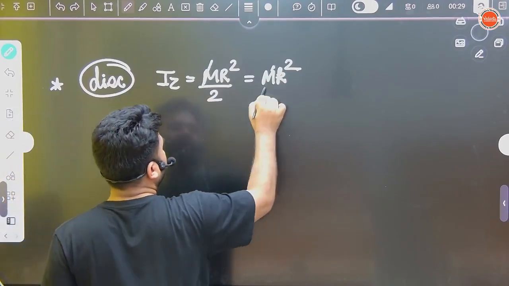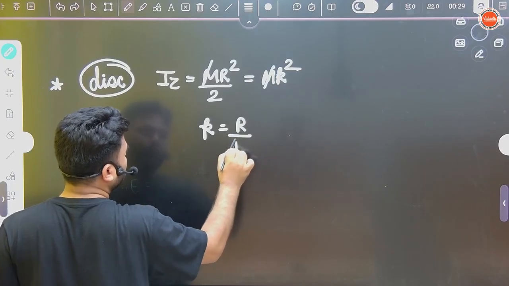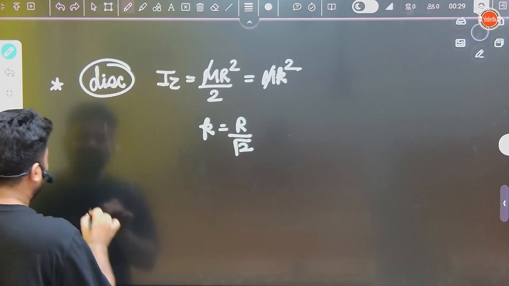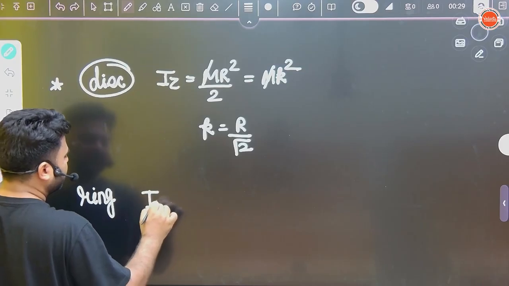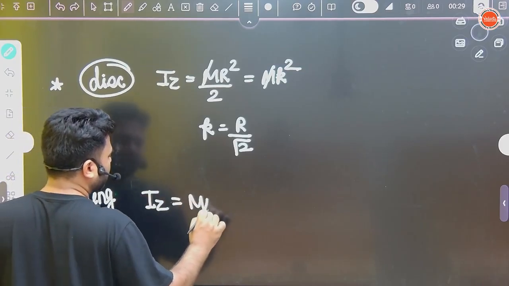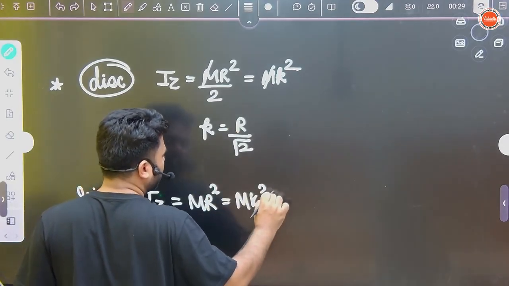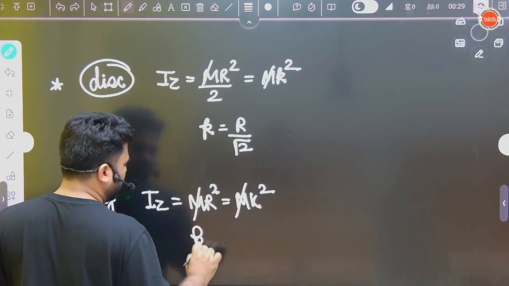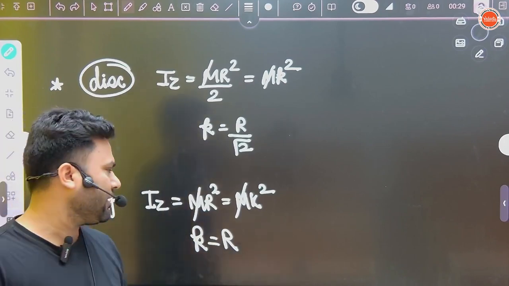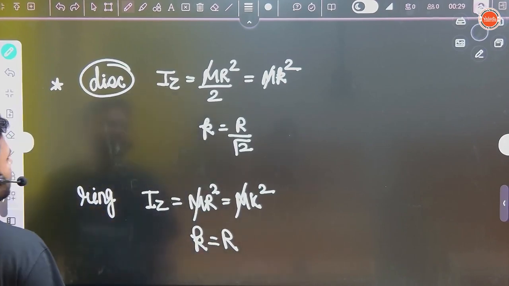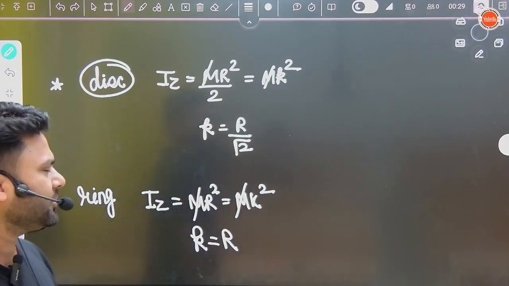So m will get cancelled, and the k value will come as r by root 2. If they ask radius of gyration for a ring, the moment of inertia about z axis is mr square. Again you equate with mk square. So m cancels, k equals r. So the radius of gyration of a ring is nothing but r only. So this is all about radius of gyration. Correct?